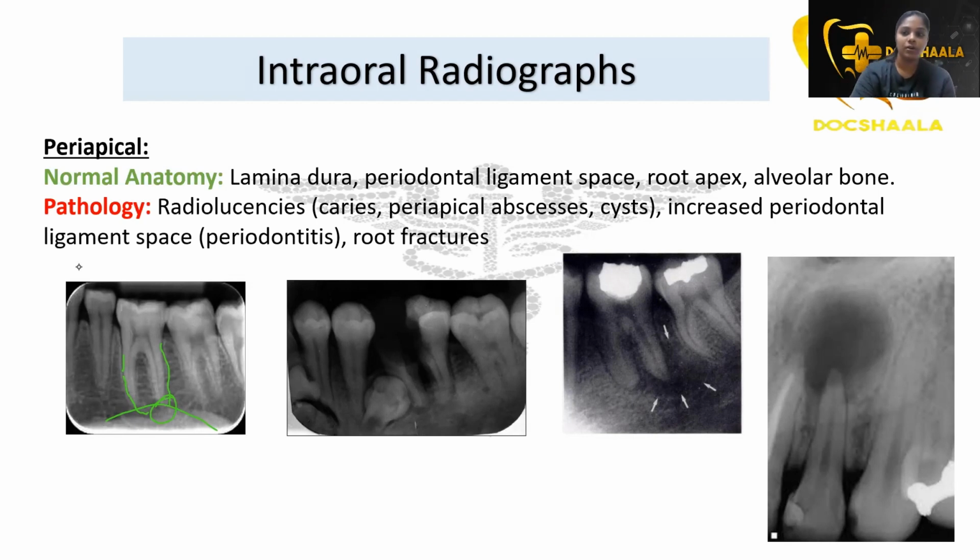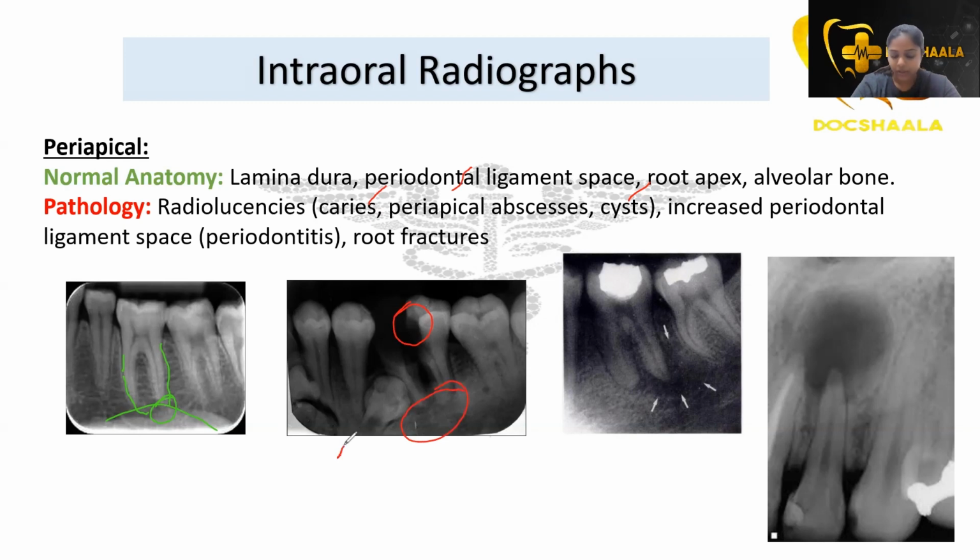So pathologies, what all do we see? We see caries, we can see periapical abscess, we can see cysts. As you can see in these radiographs, the caries, and you can see the periapical abscesses.